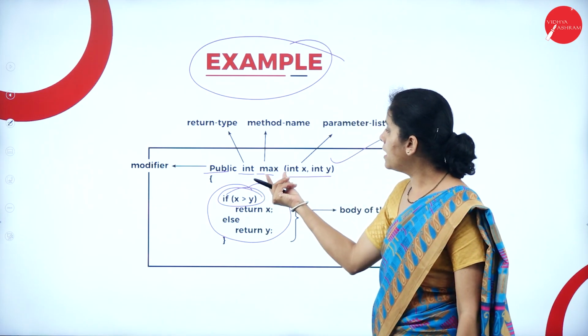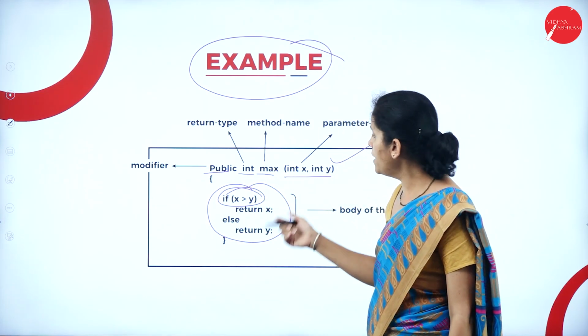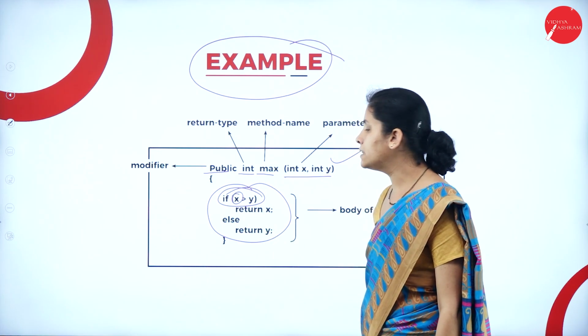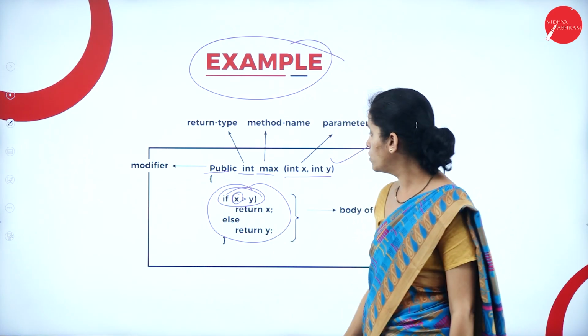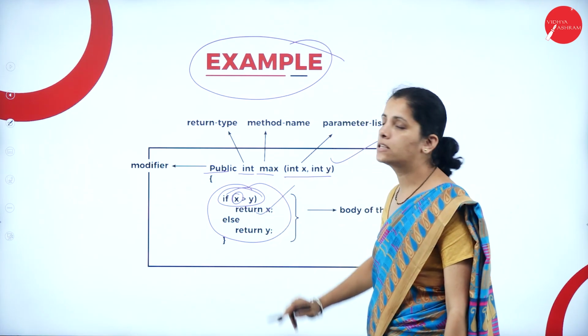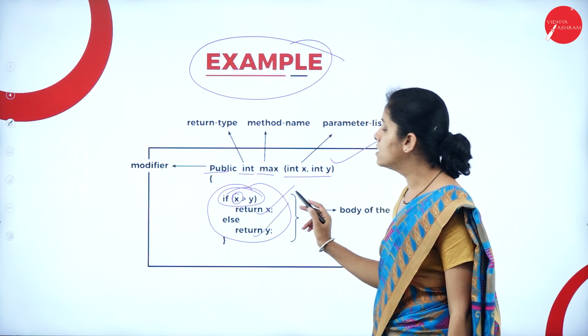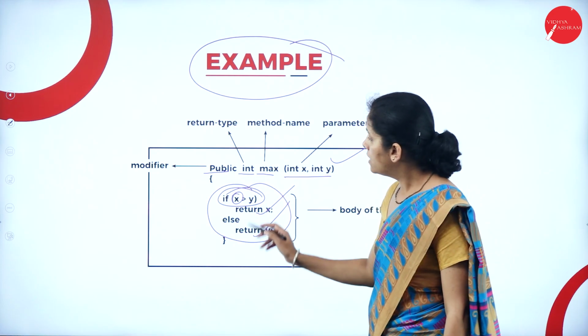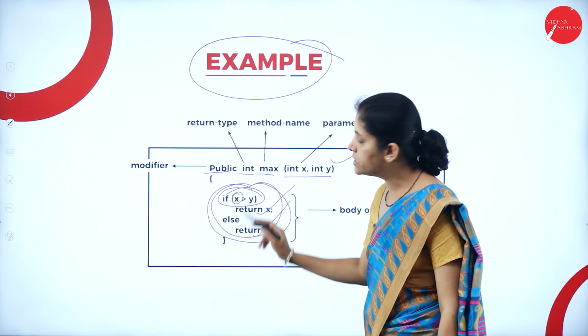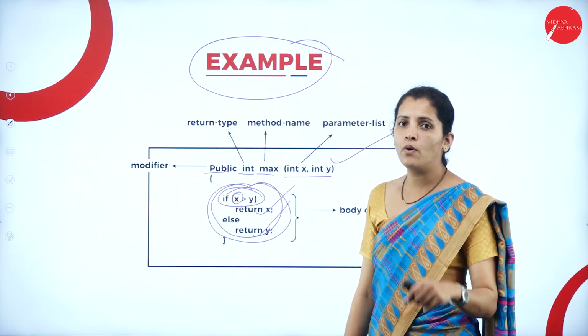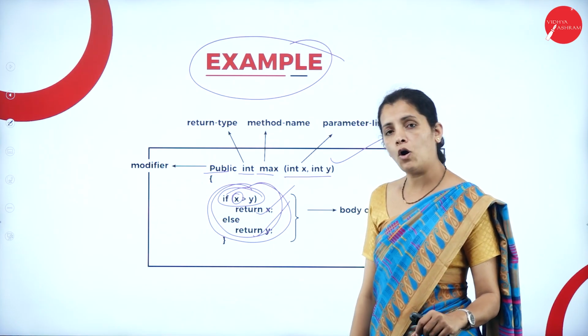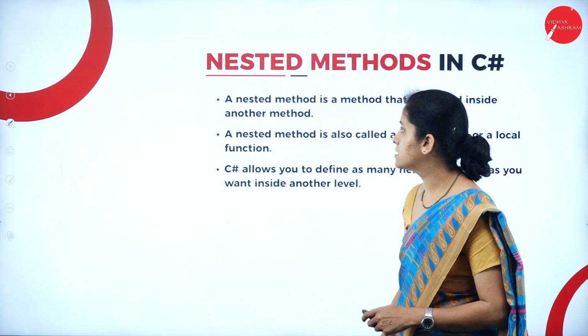What is my function name? It is max. If x is greater than y, what do I want to return? I want to return x. That means x is maximum. Else y is maximum. And these are the group of statements used to perform a specific or desired task.